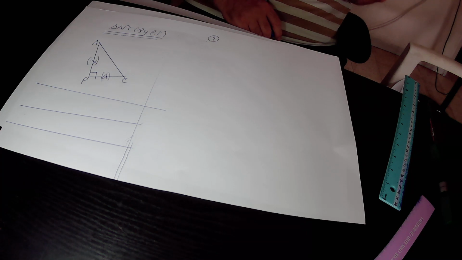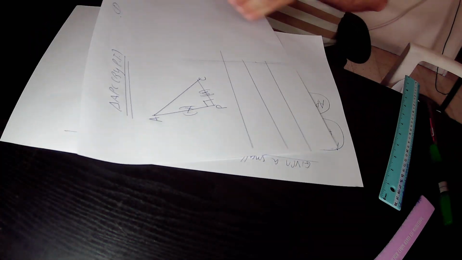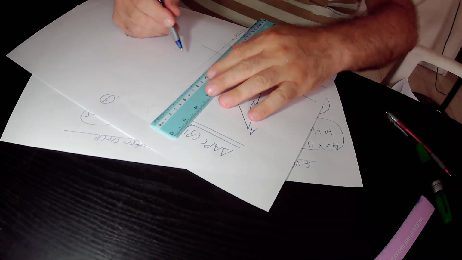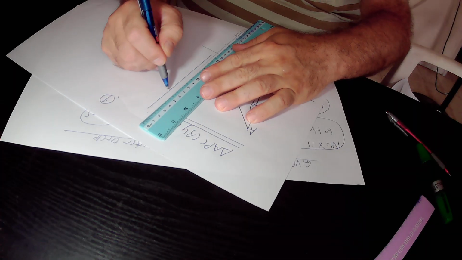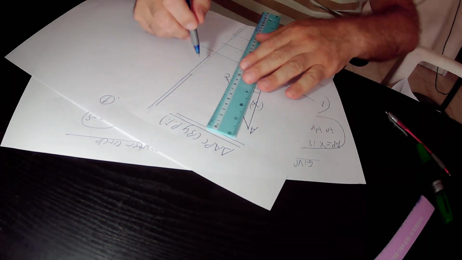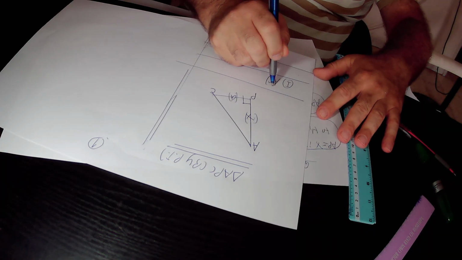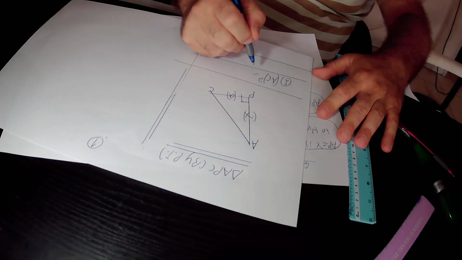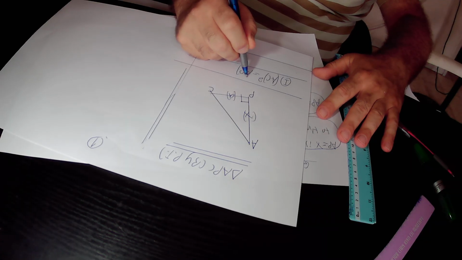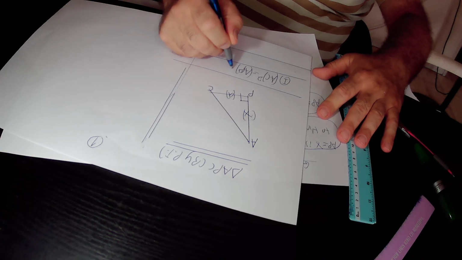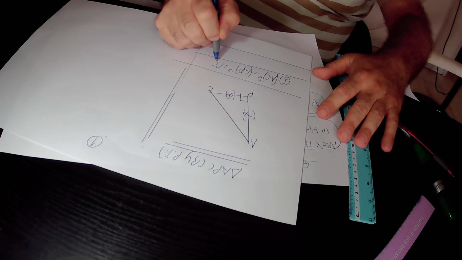So write it down, this will be equation 1. AC squared, that is the square of the hypotenuse, is equal to AP squared plus PC squared.